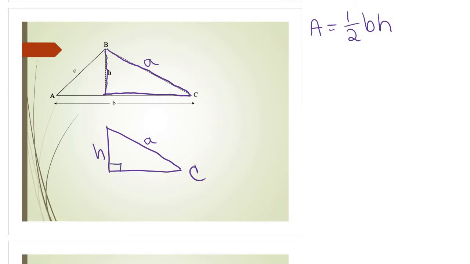We know, because this is a right angle, from SOHCAHTOA, that sine of C equals H over A in this picture.